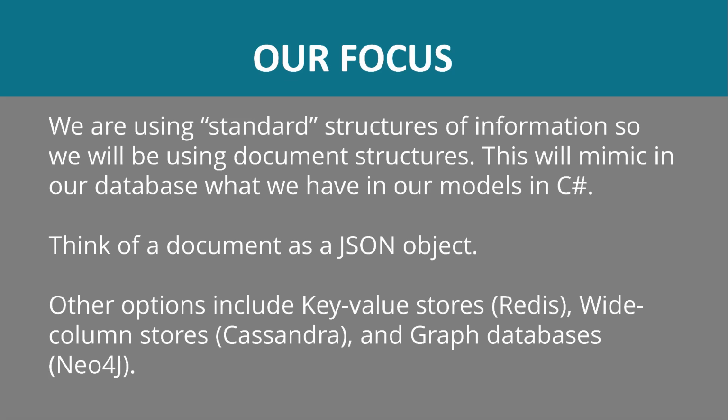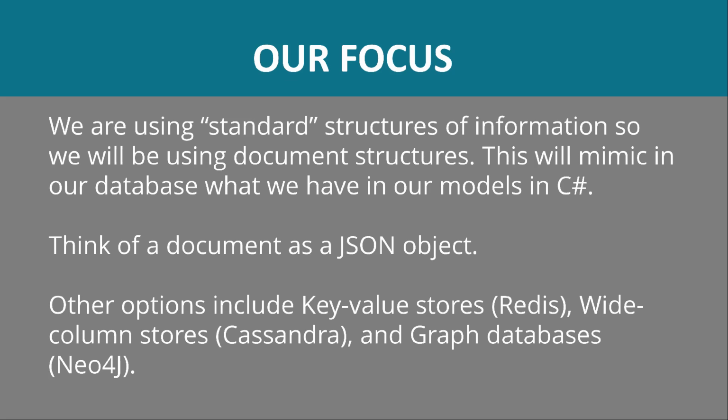Now for the purists in the room who are thinking that's not really accurate, technically the database options we're going to choose store in what's called BSON, which is binary, instead of JSON, which is text. But when it comes to how we see it, it's going to look like a JSON object. So just think of it as a JSON object. Technically, under the covers, it's a little more complicated than that, but that's beneath the level of what we need to understand in order to use a NoSQL database.